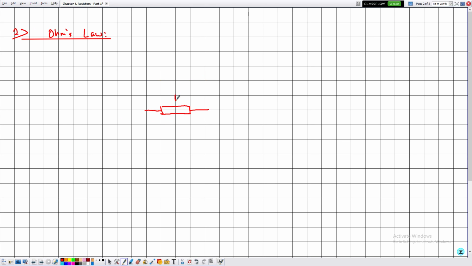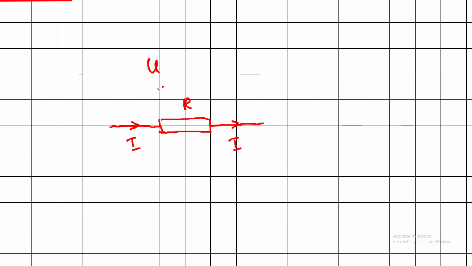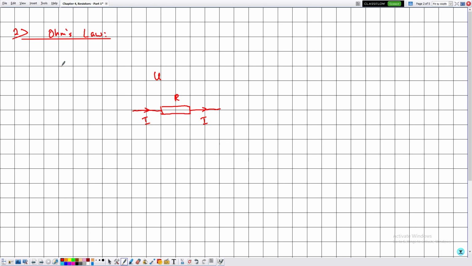So recall that the symbol of the resistor is given by that, or even this. So this is the resistor R. These are the terminals of the resistor. Now suppose that the applied voltage of the resistor here is given by U, and it's being traversed by a current I. Then till this moment we haven't seen any explicit relation between U and I.